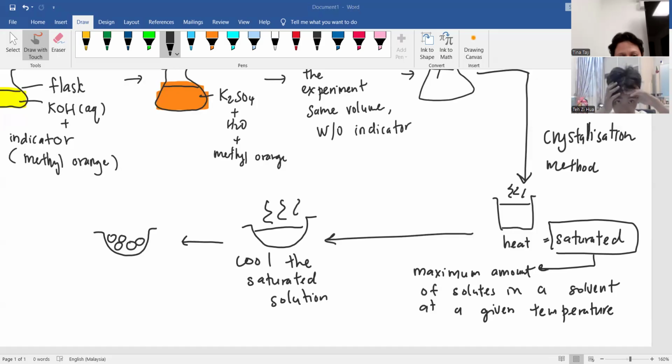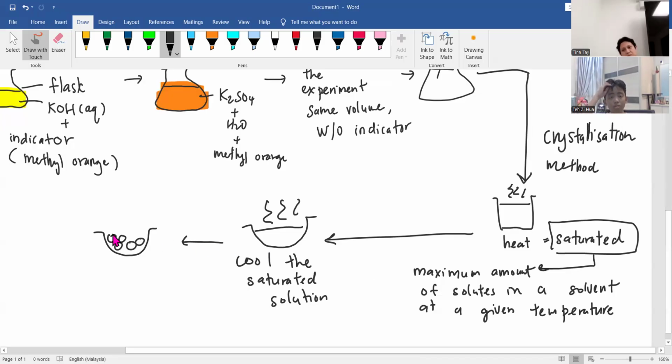Because the particles become cooler, and when it's cooler, does solubility increase or decrease? When it's cooler, solubility decreases. Yes. So the excess amount of solutes will become crystals. Correct.